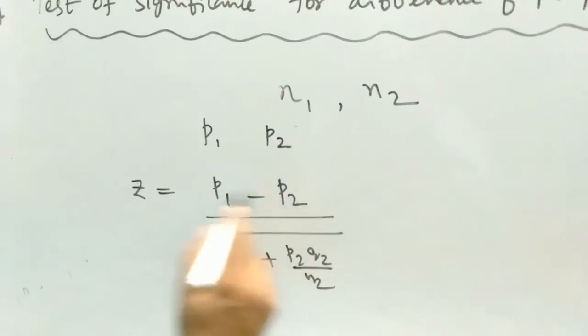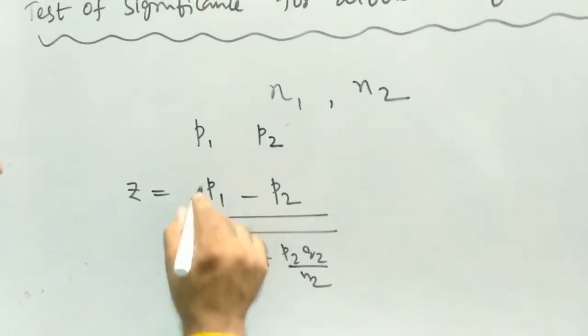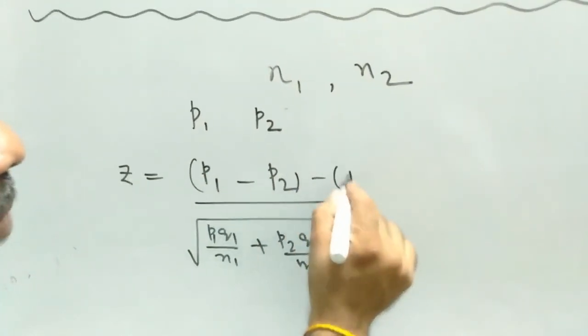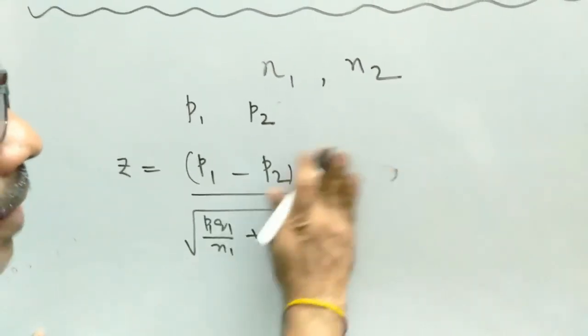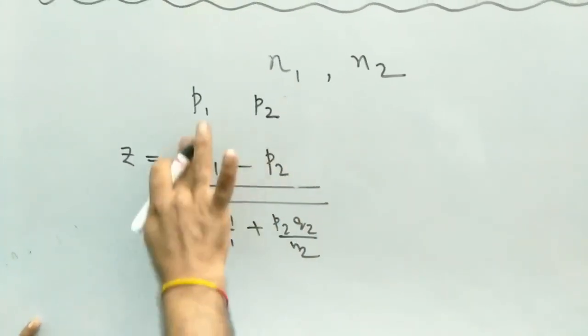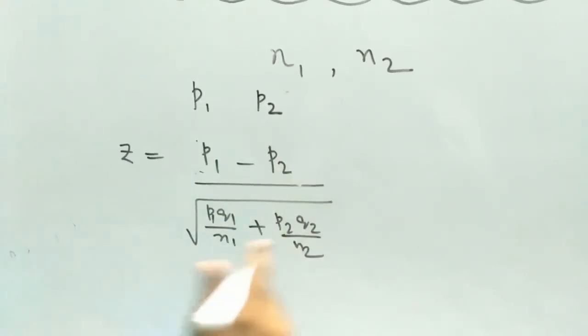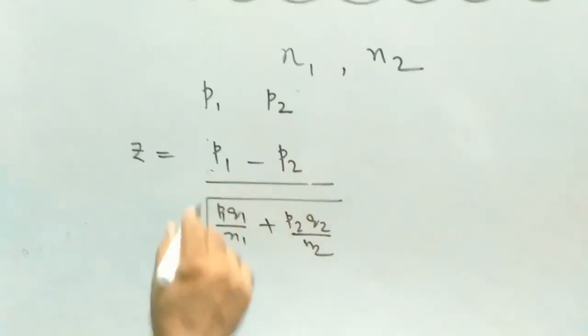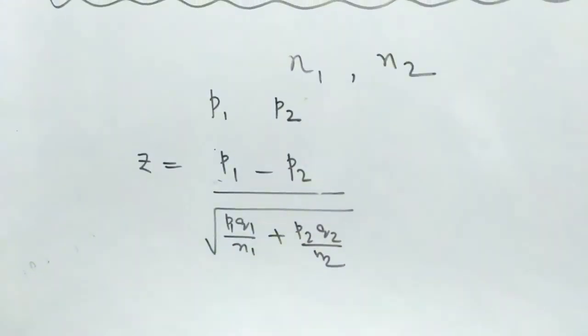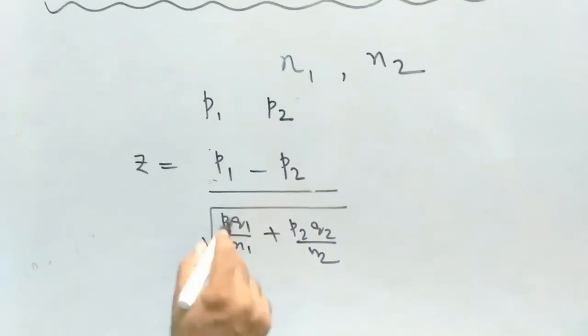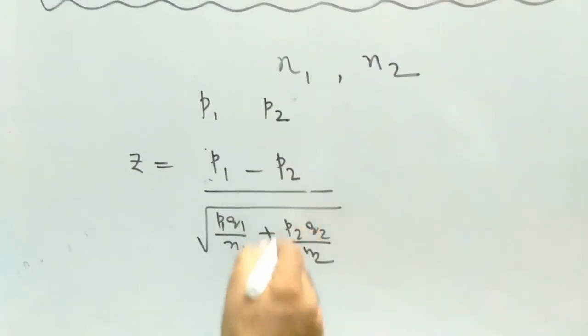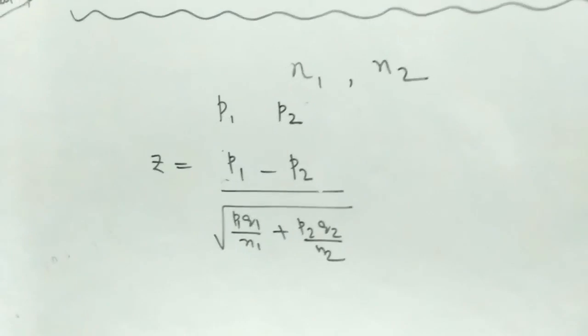So p1 minus p2. Normally the actual formula has minus of P minus P, which is zero, so the formula will become p1 minus p2 by square root of, this is called the standard error. The standard error is root of p1 q1 by n1, the first sample proportion standard error, and similarly the second sample standard error p2 q2 by n2.